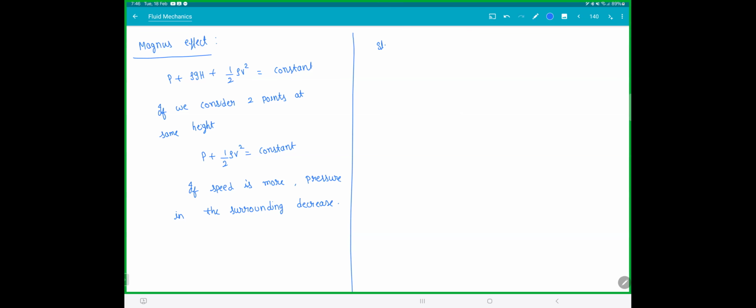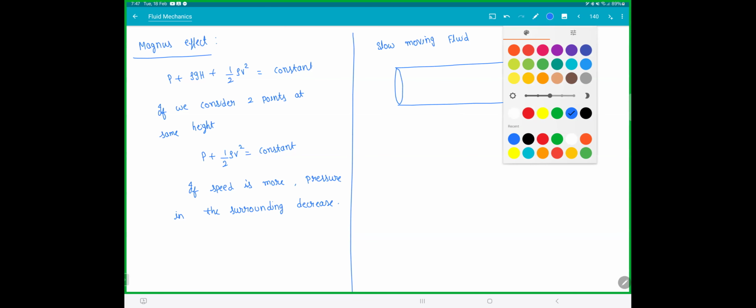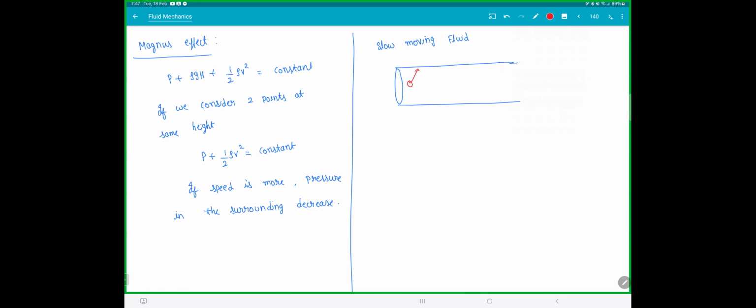If you take a slow moving fluid and observe the molecules, since you're going slowly, you have more time to collide with the surface. You're going slower, so there are more collisions. Therefore, there is more pressure.